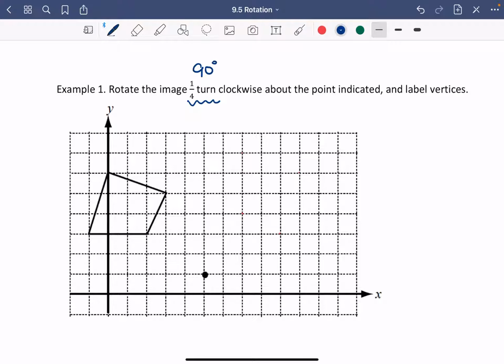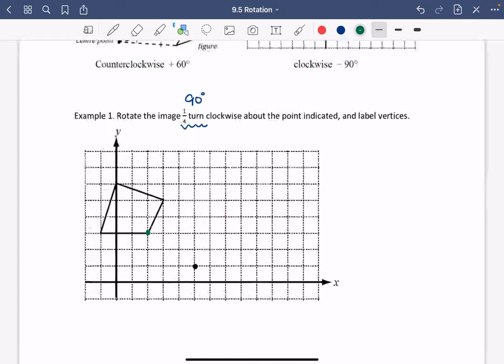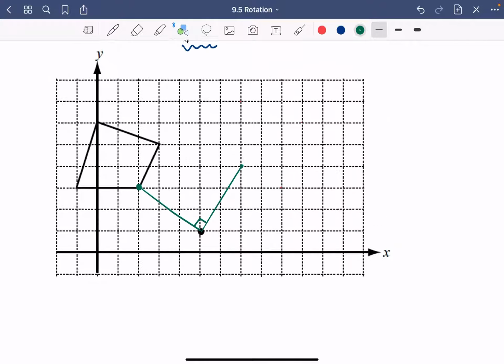And how do we do that? The easiest way to do it is to connect the point with the center. So that will give you a straight line, right? And now if you make a 90-degree angle and draw the line with the same length, then you're going to get to this point here.